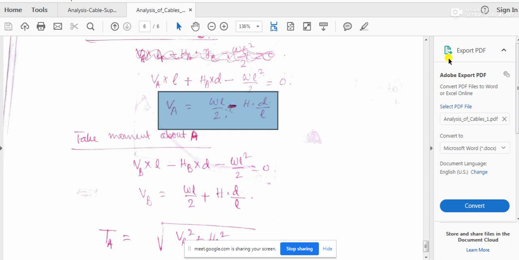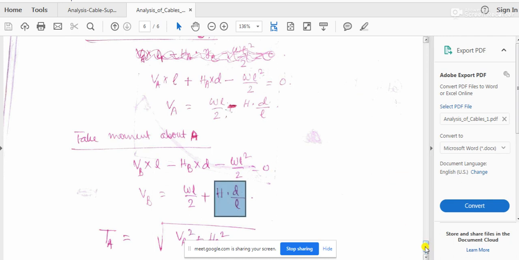For the support at the lower level, you subtract H into D by L from the WL by 2 term, and for the support at the higher level, you add H into D by L.